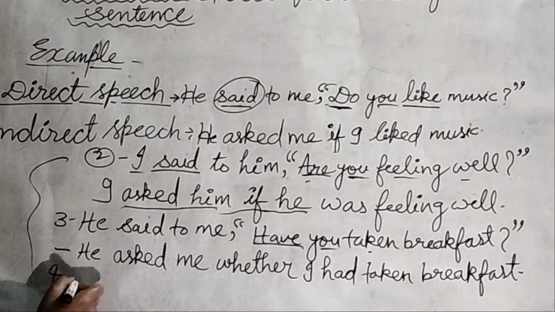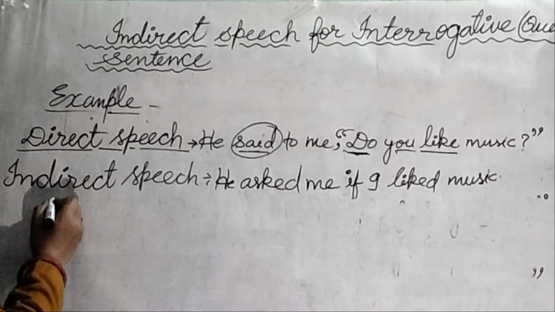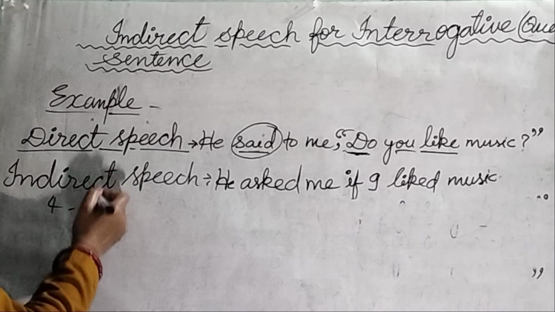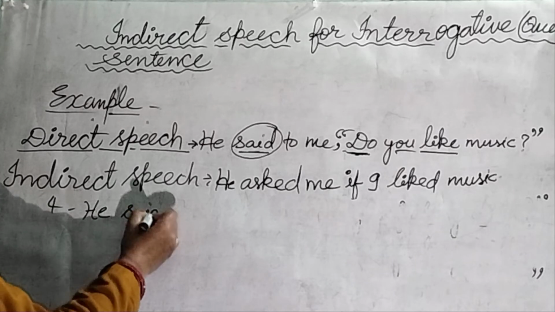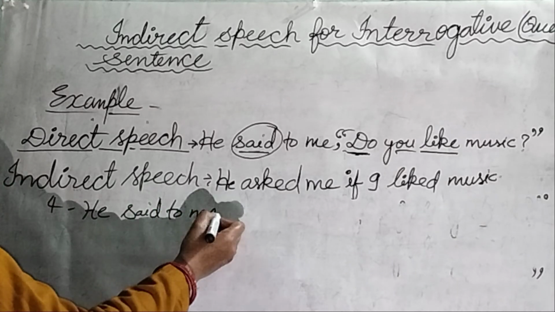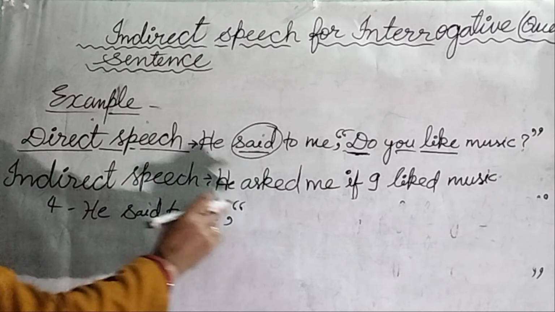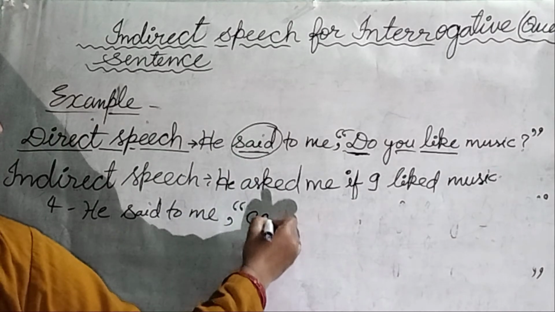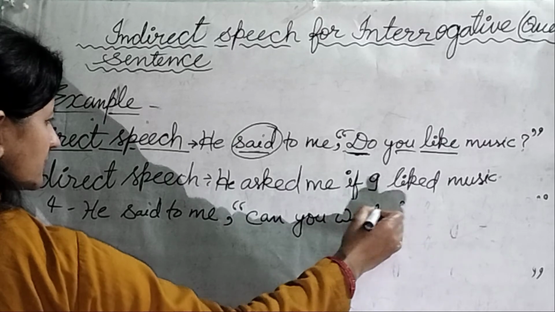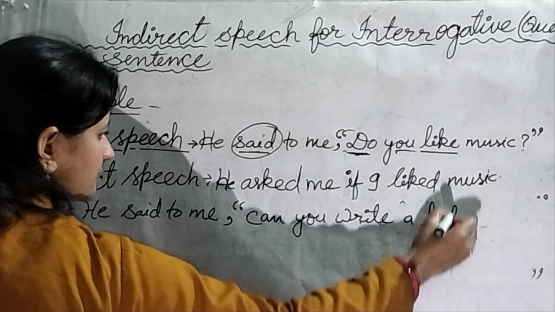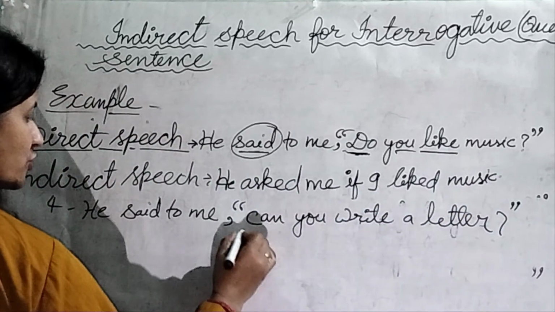Fourth example is, he said to me, can you write a letter? This is also your auxiliary verb.